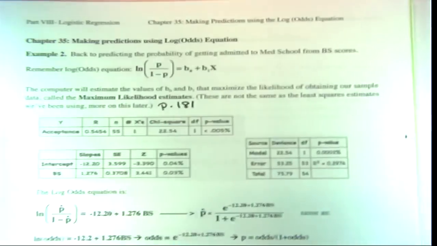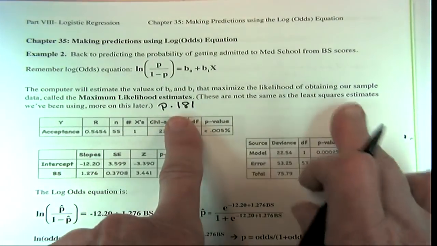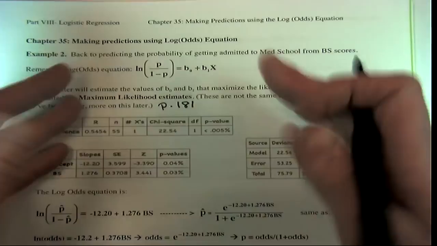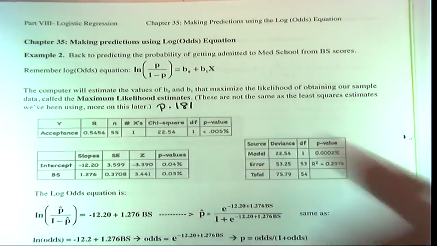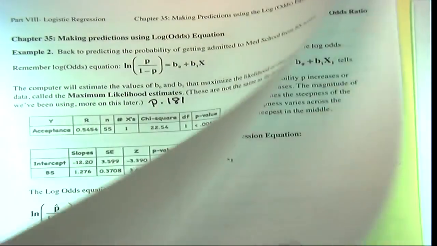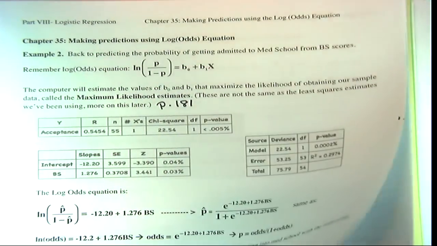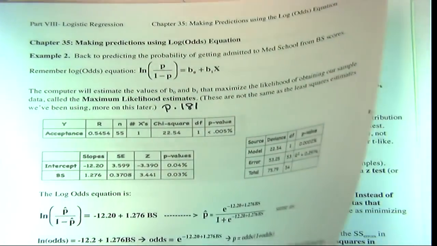181, where we're going to talk about this much more later, but I want to work through it now. Let's look at page 181, and you should read what I say on your own.